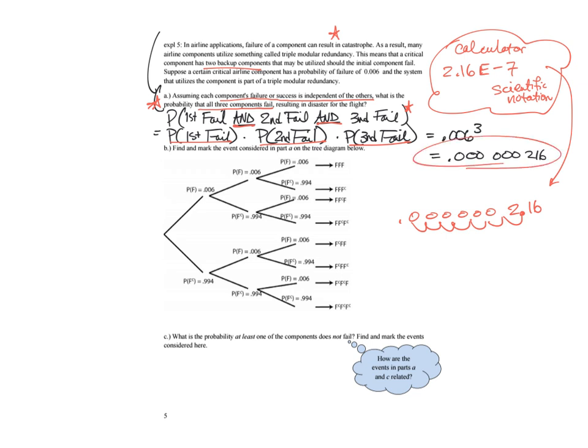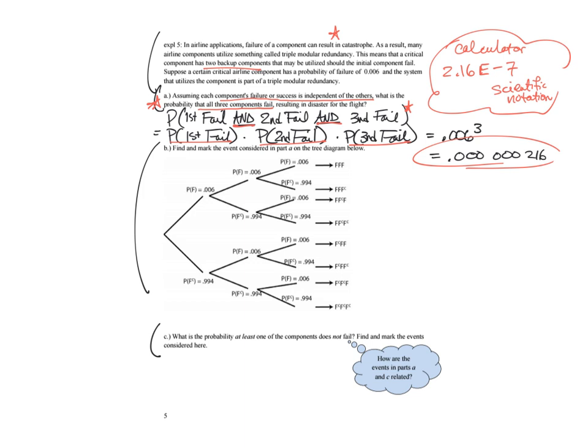So not only did we need to use our multiplication rule, but we also needed to deal with scientific notation on the old calculator. So that's very interesting. Why don't you pause me down and do B, and then we'll look at C also together.